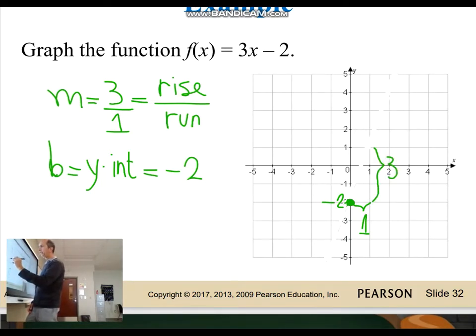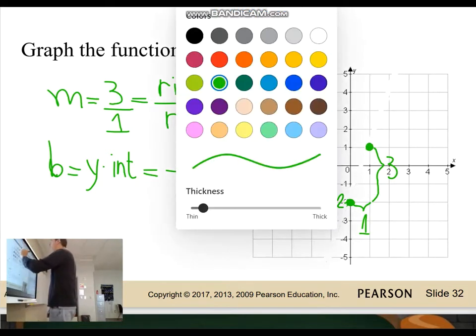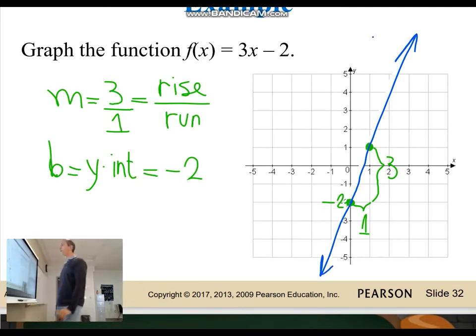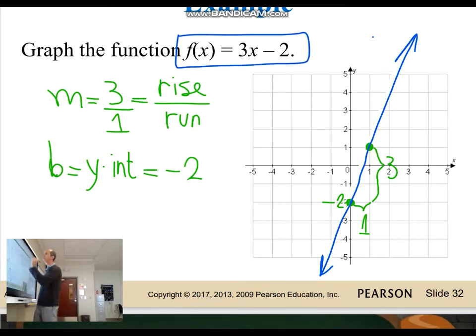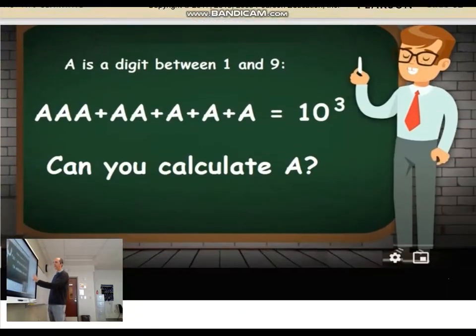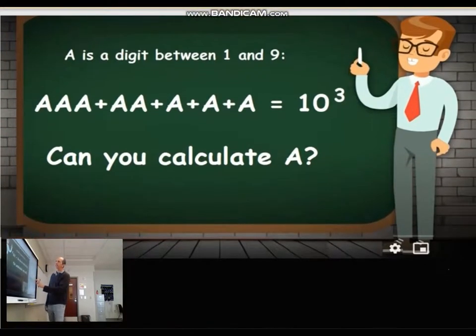The next point, the second point, is going to be here, and now we are able to draw the graph. So connect the points, and this is going to be the graph of the linear function that we are looking for, f of x equals 3x minus 2. Great! That's the end of the section.